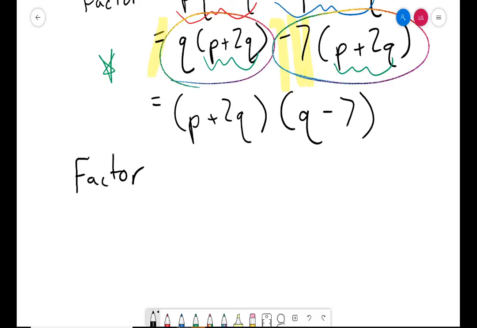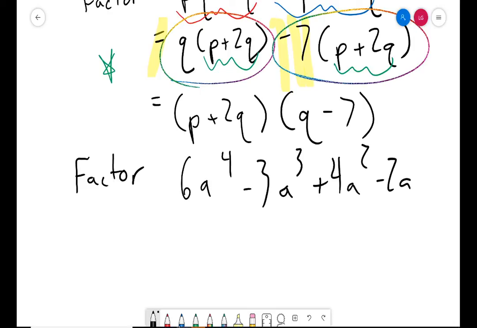So let's factor 6a to the 4th minus 3a cubed plus 4a squared minus 2a. Okay.